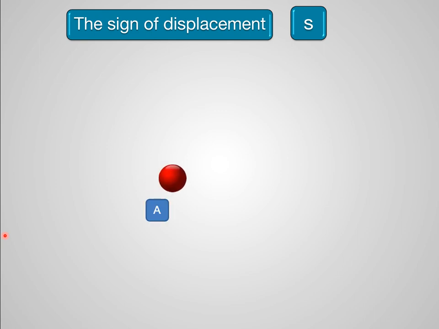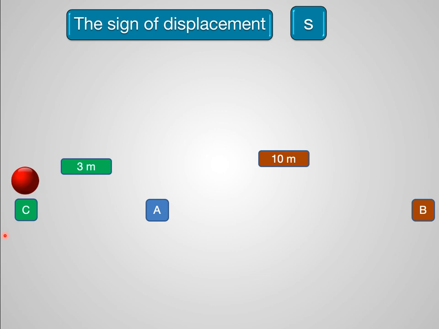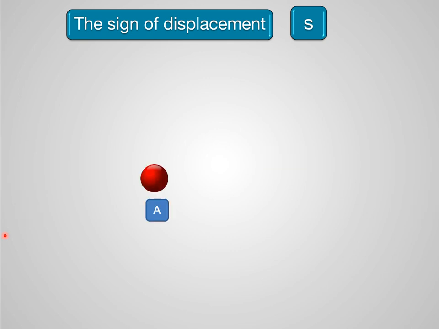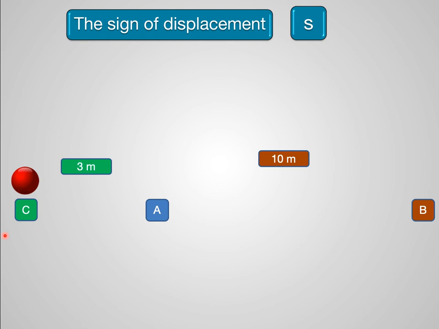Let's see an example. A body is going from A to B. It's coming back to another point C to the left side of A. So from A to B, it's going 10 meter and it's coming back and moving to another point C, which is 3 meter away. What is the final displacement of the body?